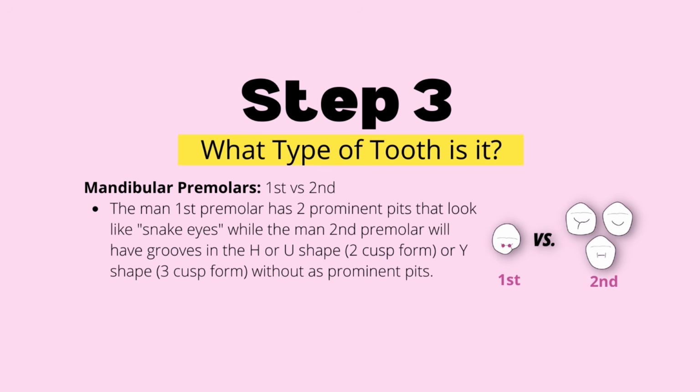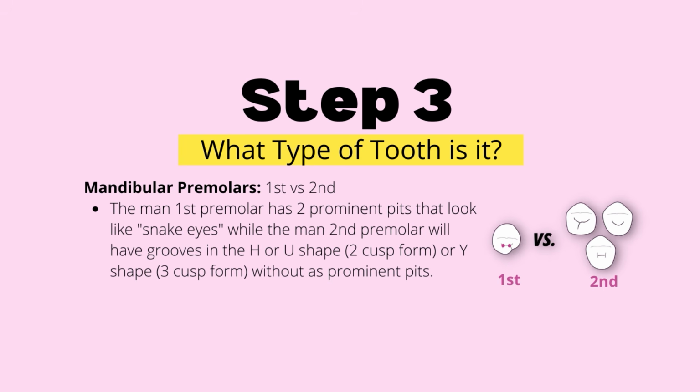For the mandibular premolars, there are 2 types, the first and second. To tell these apart, you're going to look at the occlusal anatomy. The mandibular first premolar has 2 prominent pits that look like snake eyes, while the mandibular second premolar is going to have grooves, less prominent fossa and pits, and those grooves are going to make a few different shapes.